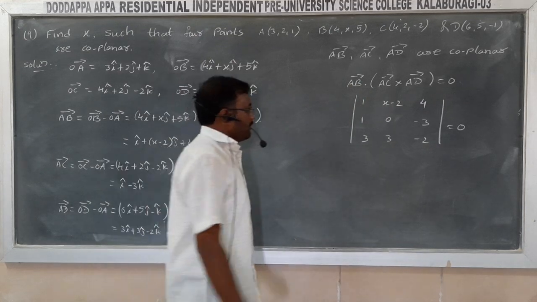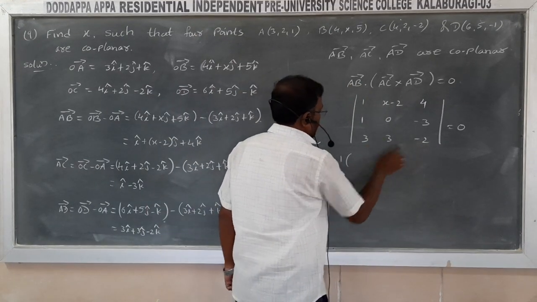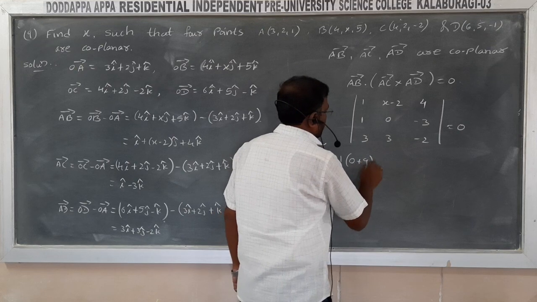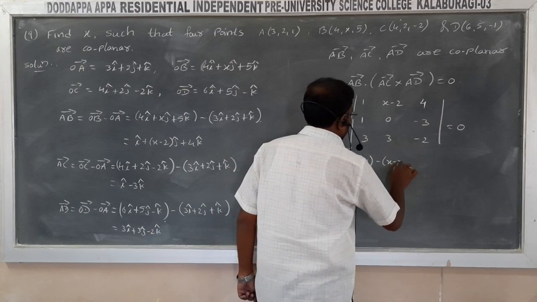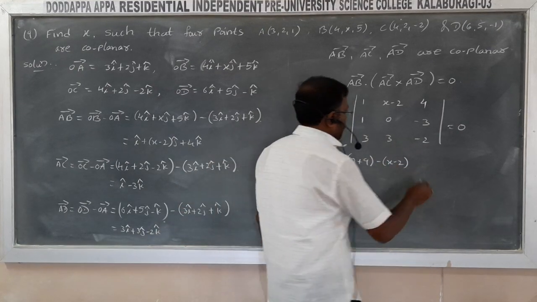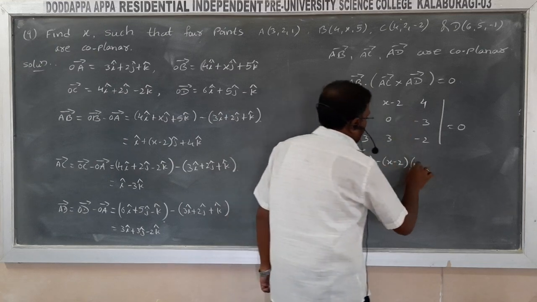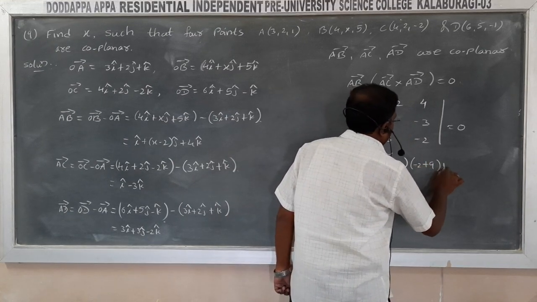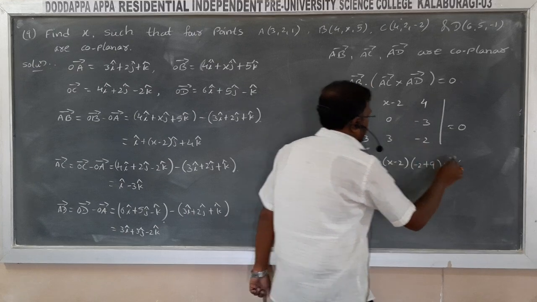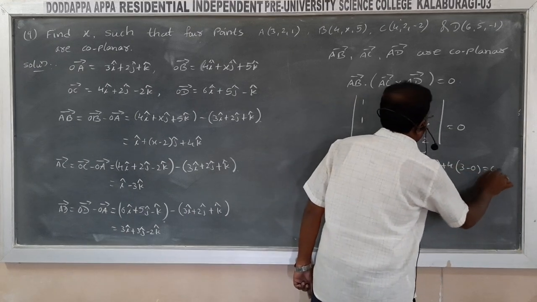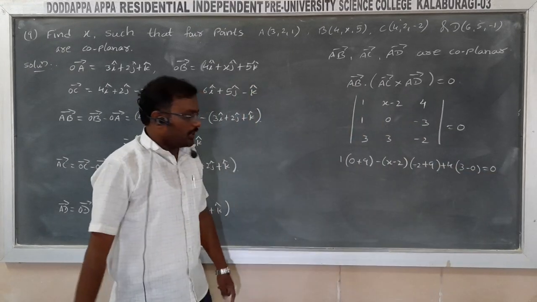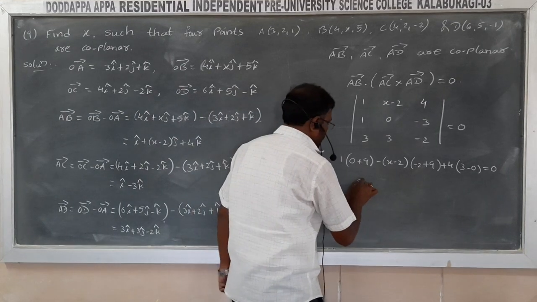Now you can simplify: 1 times (0 plus 9), next minus (x minus 2) times (minus 2 plus 9), plus 4 times (3 minus 0), equal to 0. 0 plus 9 is 9, 9 into 1 is 9.